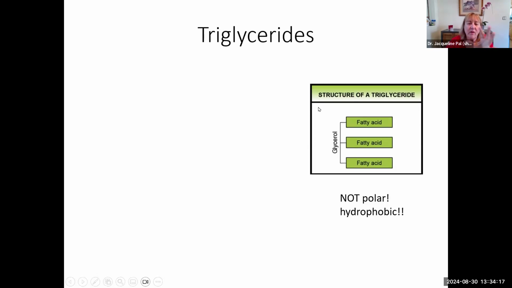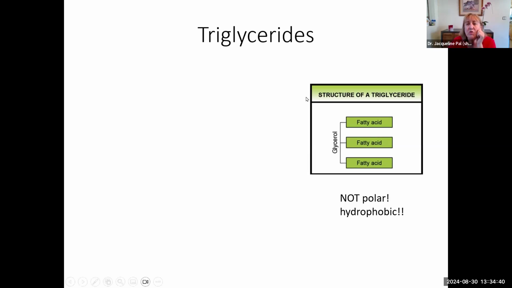But first off, all of our lipids have building components that are going to be fatty acids. Just like the building components of all carbohydrates were sugars, the building components of all the lipids are going to be fatty acids.